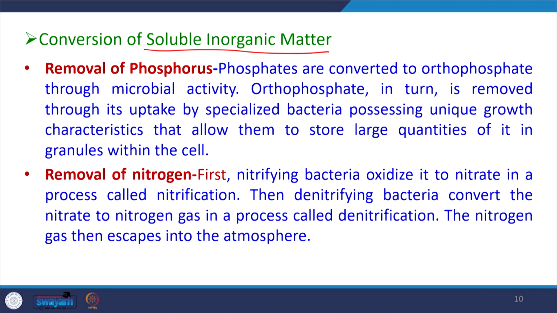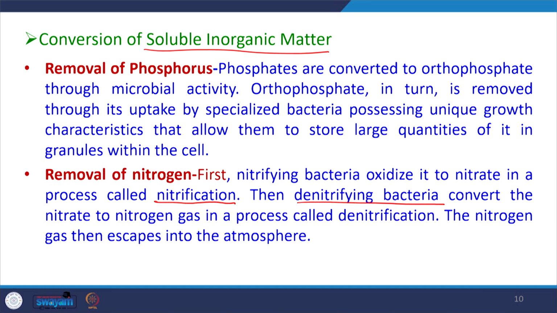of granules. Now, nitrogen has different ways of conversion. First, the nitrifying bacteria oxidize the nitrogen into nitrate in a process called nitrification. Then the denitrifying bacteria convert the nitrate which is formed into nitrogen gas in a process called denitrification. So, there are two steps.